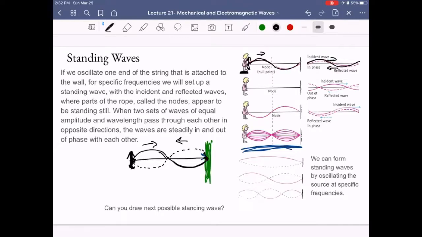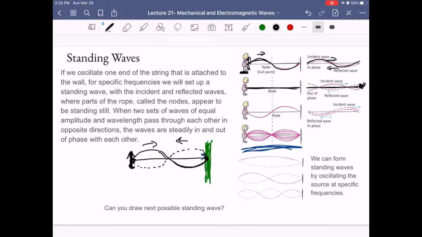But an instant later, this wave is moving forward, so we will have this situation here, and then those two waves are destructively interfering, so they cancel each other out, and we will have no wave at all.